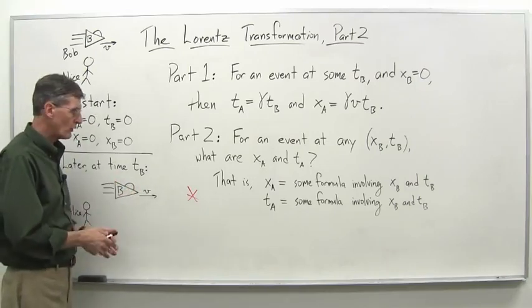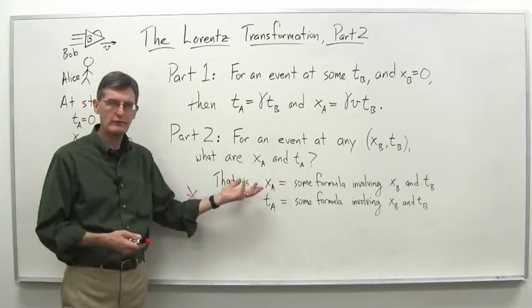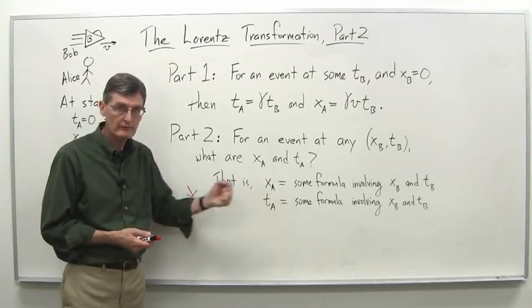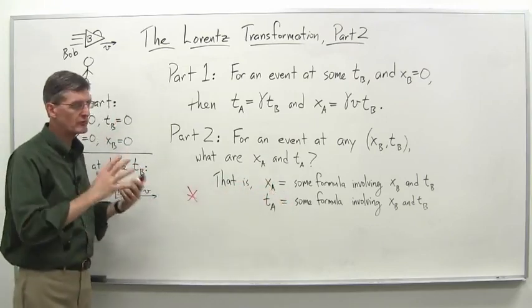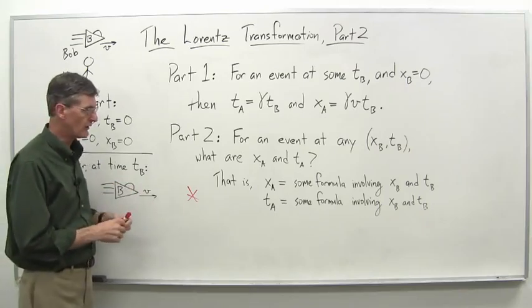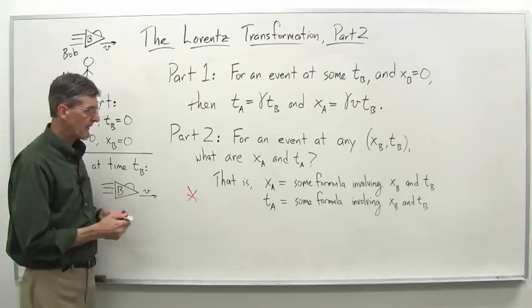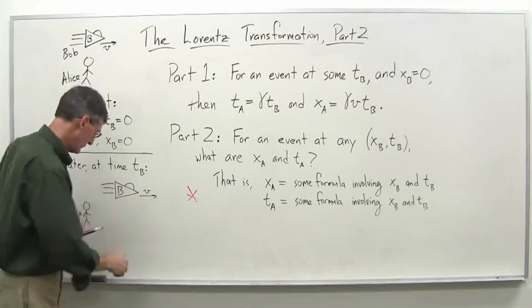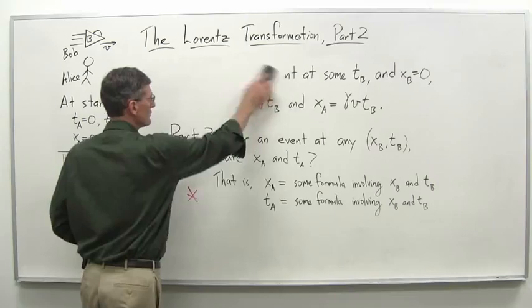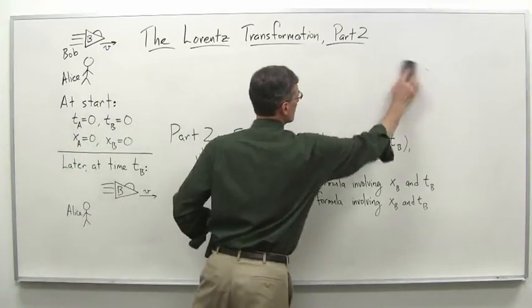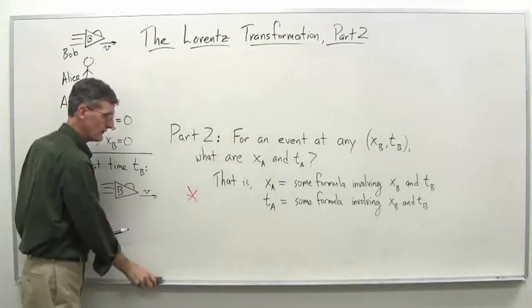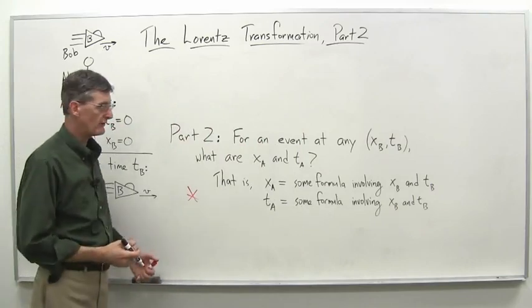And so we have to figure out some formula. Couldn't there be an infinite number of formulas that might apply here? We'd like to put some restrictions on this in terms of what we're looking for. Just to give you a couple of examples of restrictions, we're not looking for just an infinite number of formulas. We have to sort through and figure this out.